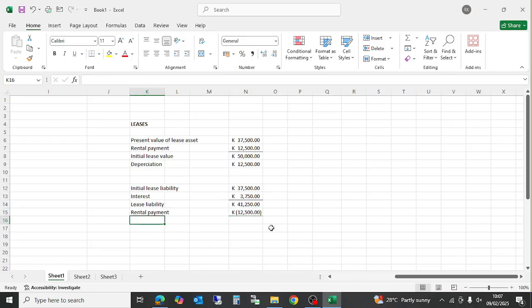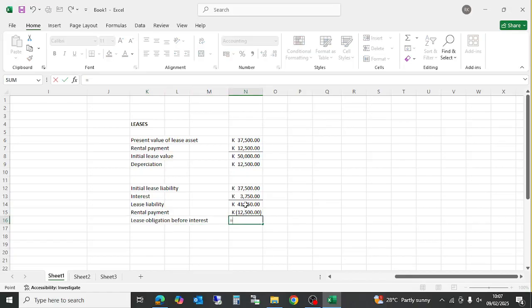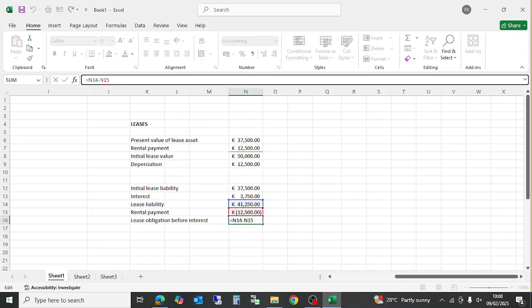Meaning when we remove it, our lease obligation before interest will be 41 minus 12.